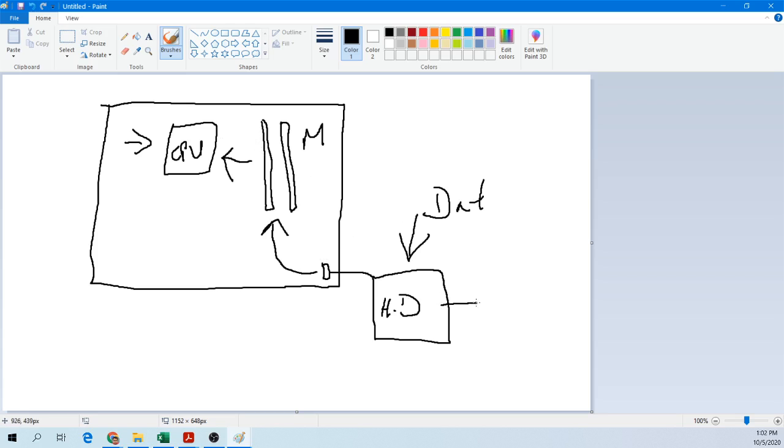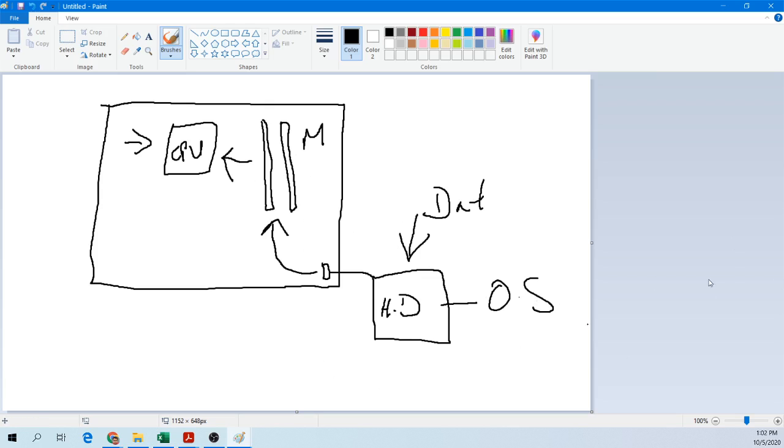So the operating system is on your hard drive because it needs to be stored permanently. But in order to run your computer, it needs to be pulled also into memory. So if your memory is not large enough, it will not be able to function as effectively.